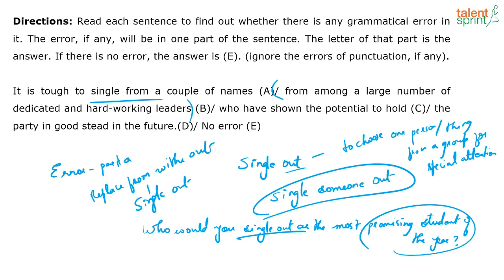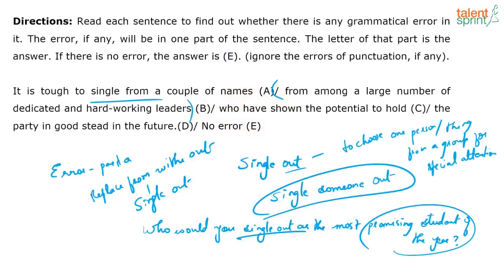Are you following? Which means I need to have been familiar with this particular phrasal verb, single out, or at least the expression of the phrase. To single someone out means to choose, to pick someone from a larger group. So if I was familiar with that, then I would have known that the error is in part A, right? For those of you who don't know, there it is.